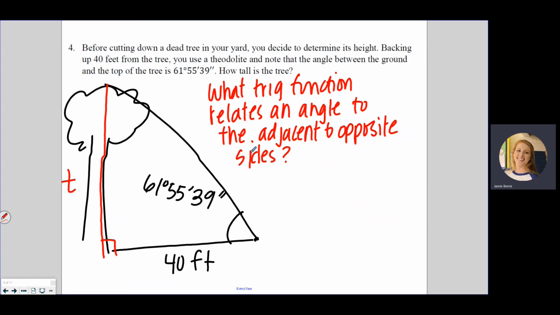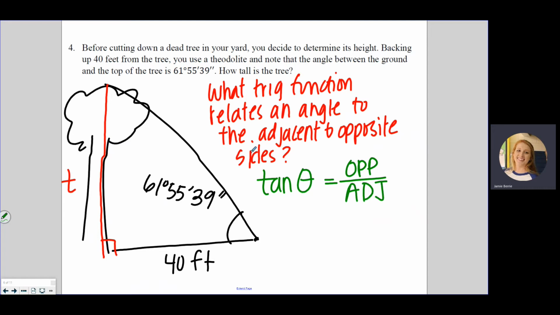Think back to your SOHCAHTOA. Which trig function relates adjacent and opposite? That would be tangent. So SOHCAHTOA says that tangent of theta equals opposite over adjacent.